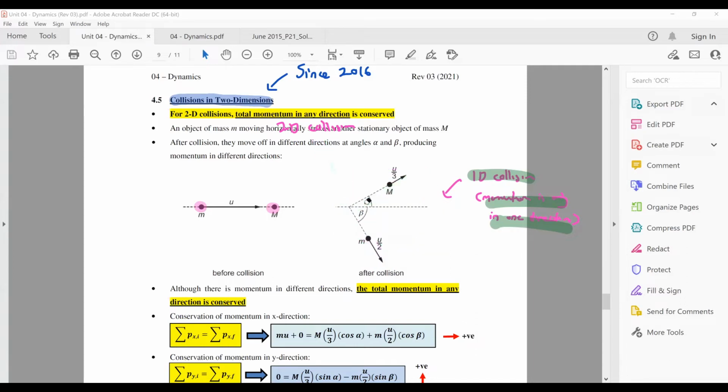Now it's called 2D because it involves momentum in 2 different directions. What do I mean by that? If you recall what you learned under vectors, remember I told you that if you have a particular vector like a force that's diagonal, that force can be resolved into 2 perpendicular components, one that is Fx and one that is Fy.